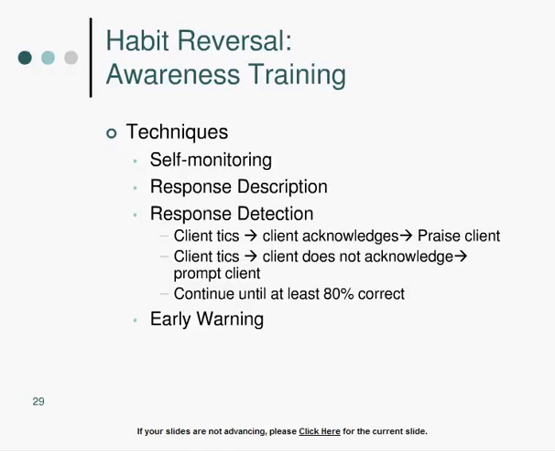I very often just have them lift a finger whenever they are ticking, so that I know that they have noticed that a tic just occurred. And we practice this for a while. So usually we keep going until they're about 80% correct or so before we move on to the next stage of awareness training, which is the early warning procedure.